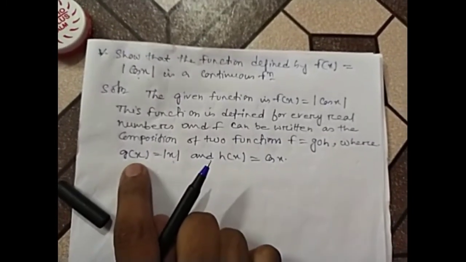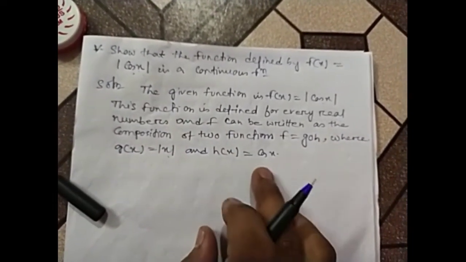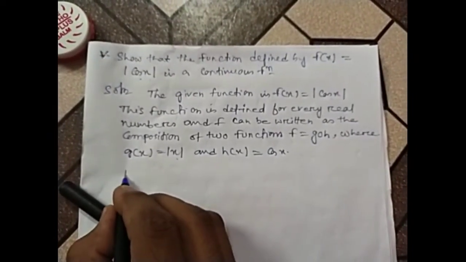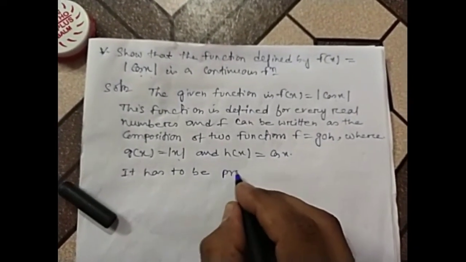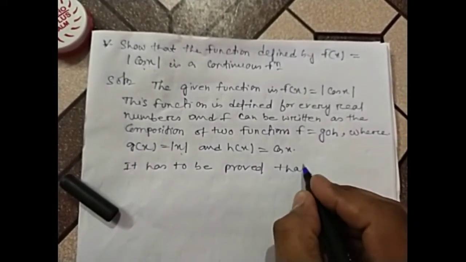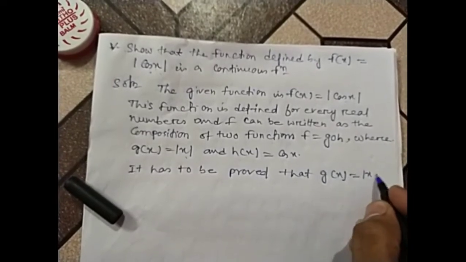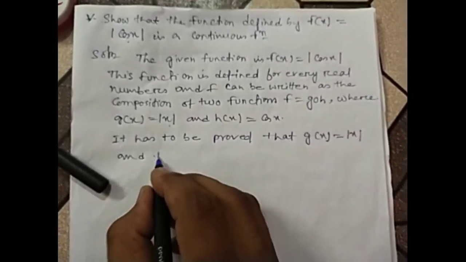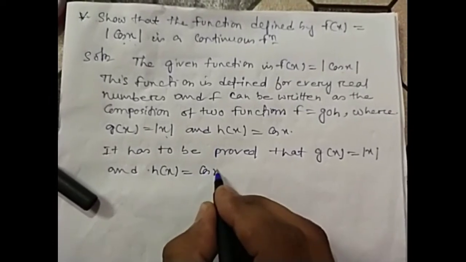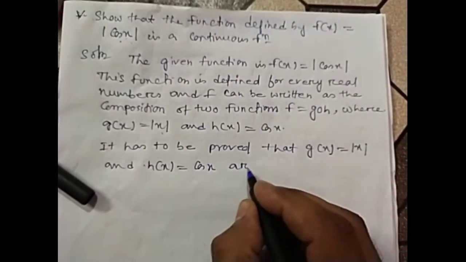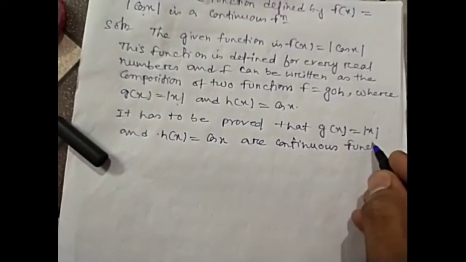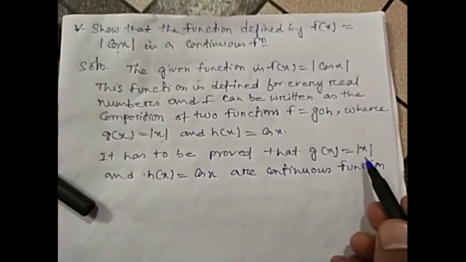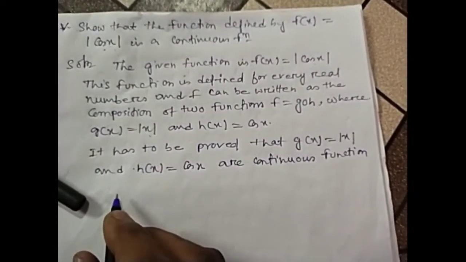Now it has to be proved that g(x) equal modulus of x and h(x) equal cos of x are both continuous functions.